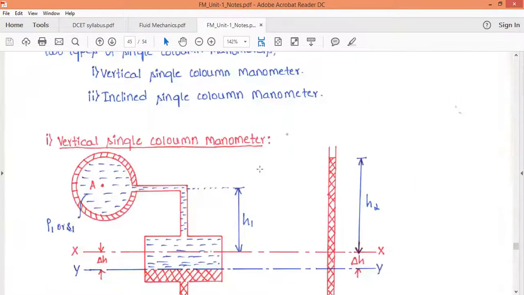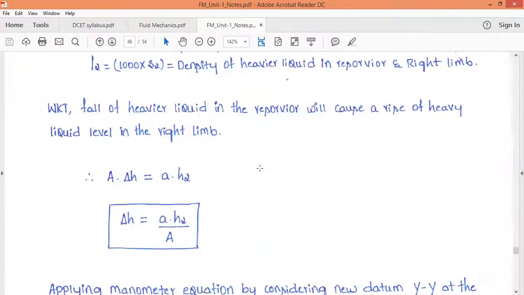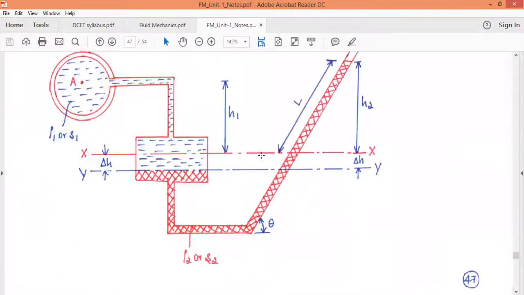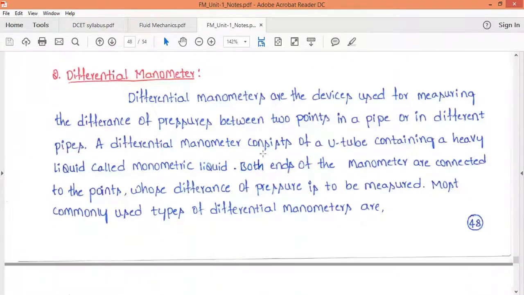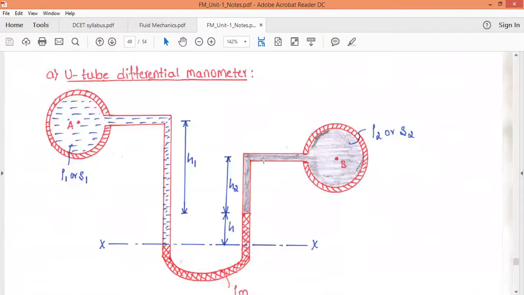The second type that you have in your syllabus is the differential U-tube manometer. This is very simple. This type of differential U-tube manometer is used to measure the pressure at two points, and it gives the difference of pressure between these two points A and B. It consists of one U-tube glass tube.